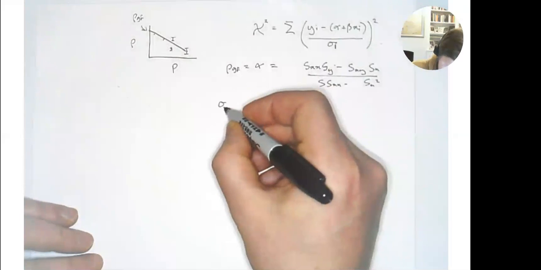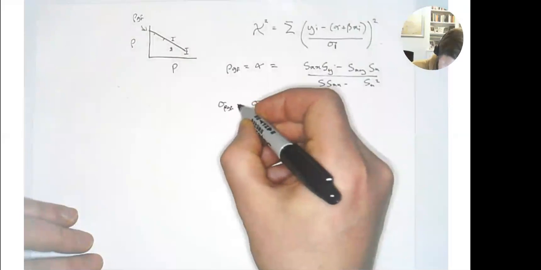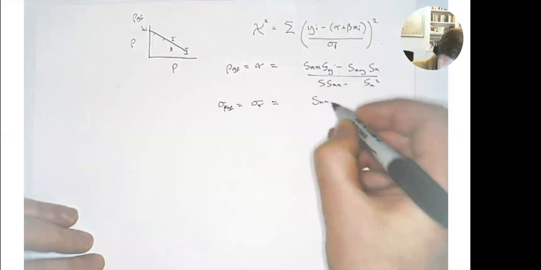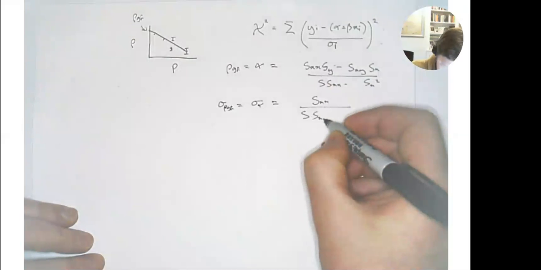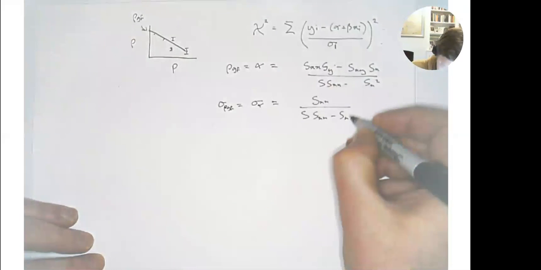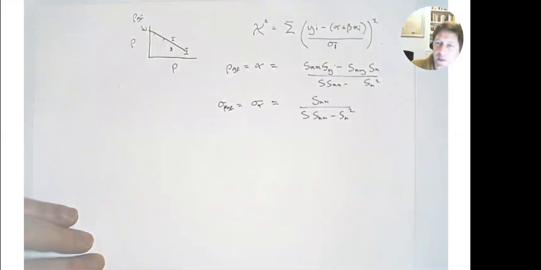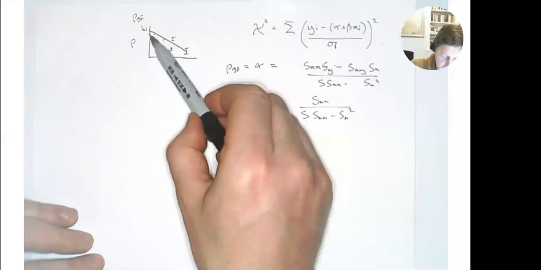So this is the standard deviation of the gas-free dye density, and the expression for that we derived in the notes was SXX over SXX minus SX squared, like that. So using propagation of error on this means that we can find then a measure of the uncertainty in this intercept.